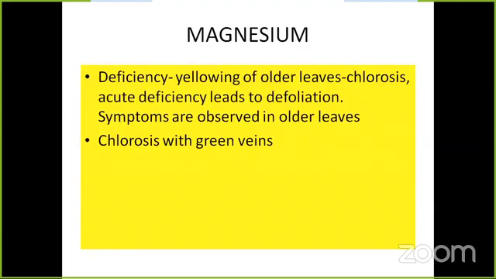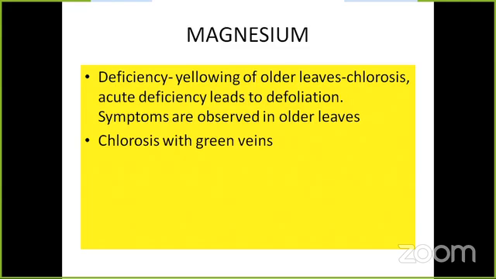Deficiency of magnesium results in yellowing of older leaves. That means it is mobile, it moves away from the older leaves to the younger leaves, so older leaves will show yellowing first. That yellowing is called chlorosis. Acute deficiency leads to defoliation in any case, because the plant has to survive, so it drops off leaves so that younger leaves can survive.